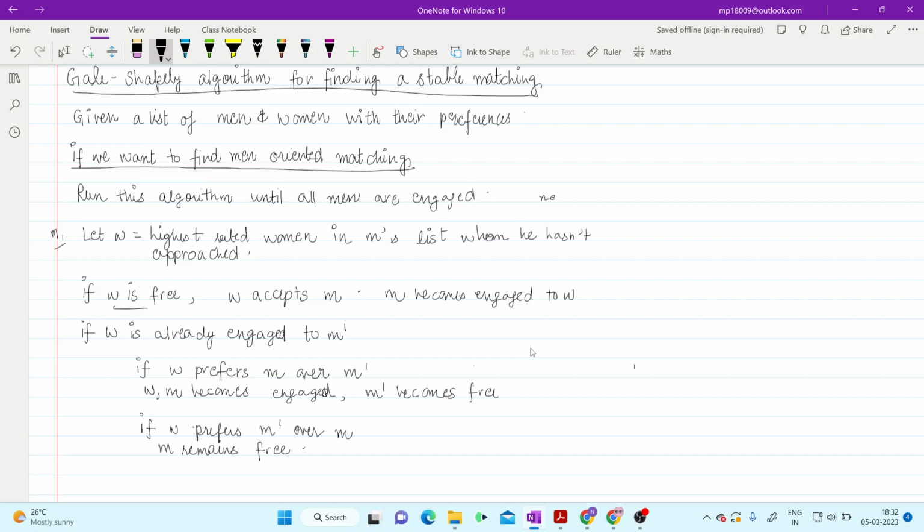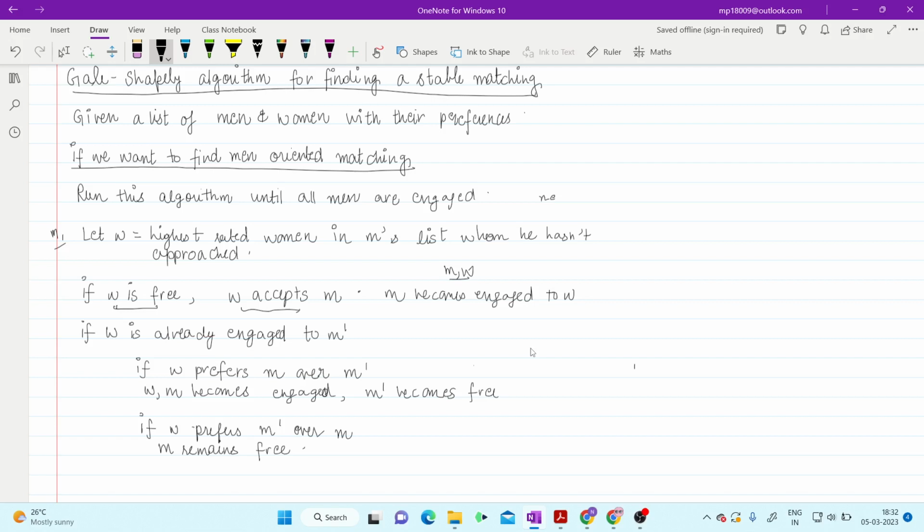The woman W that is most preferred by M can be free or already engaged. If she is free, that is, she hasn't been assigned any other man, then M and W become a pair and W accepts M, so M is no longer free.